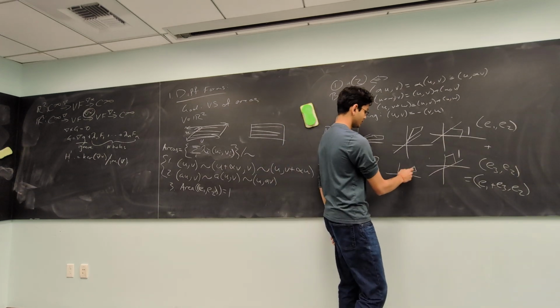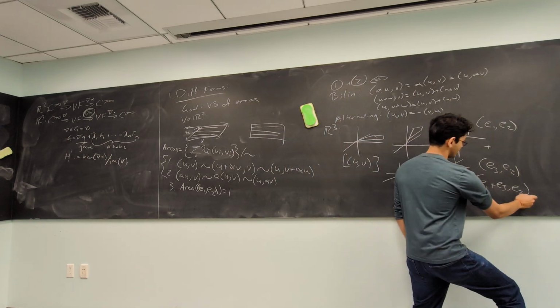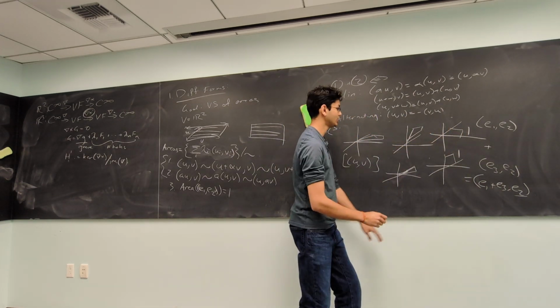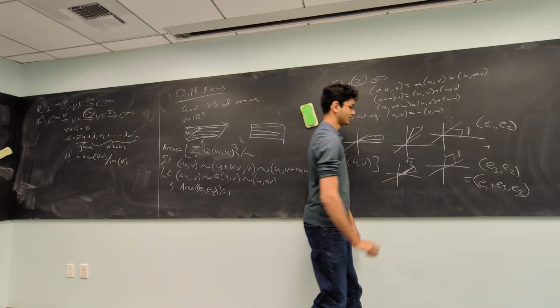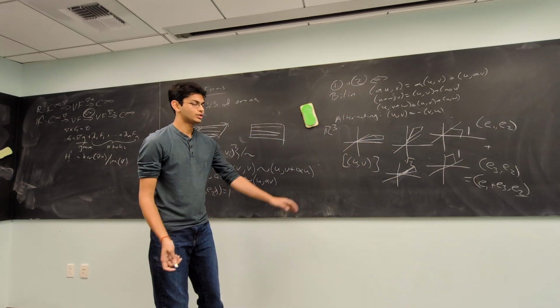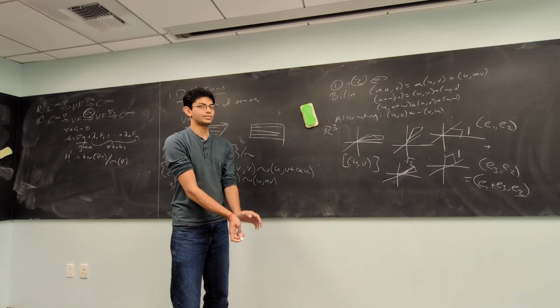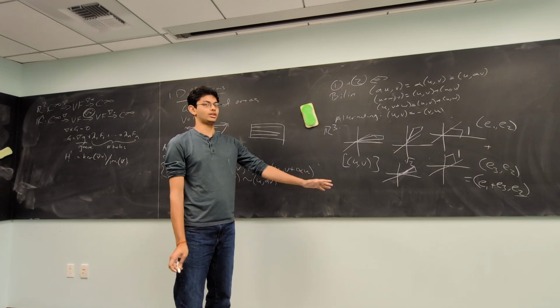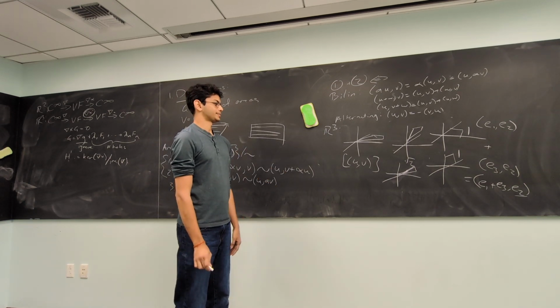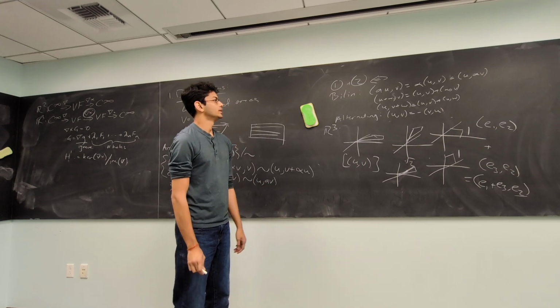So what's the length of E2? Yeah, so this one has an area of square root 2, right? So that's also kind of weird because you're adding two things with area 1, and because they aren't in the same plane, they end up having an area that's not the sum of the areas.